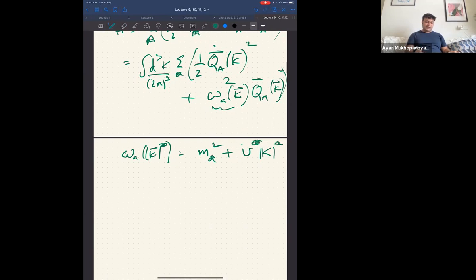Okay, what I mean to say is as follows. Suppose you have somehow relativistic symmetry, then omega_a squared has to be equal to m_a squared c to the power 4 plus something, right? Plus, if you wish, a square root, or no, sorry, I've already put the square here.